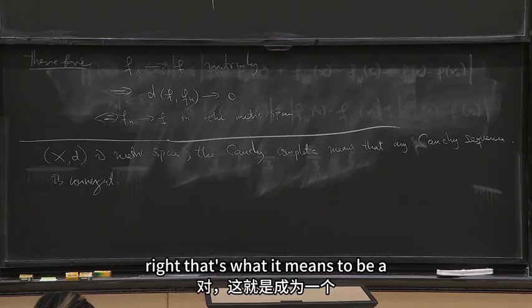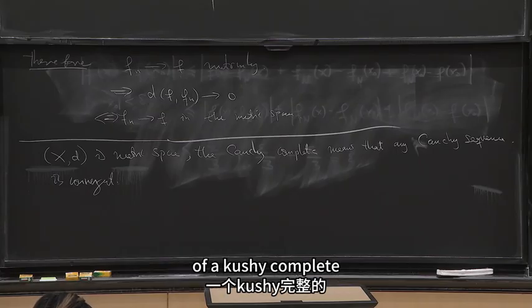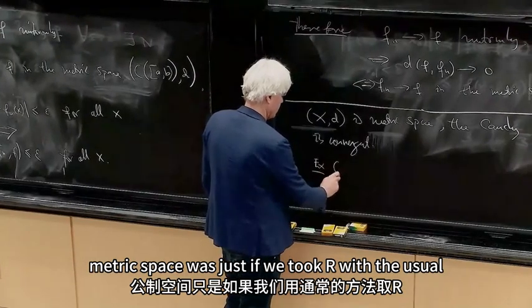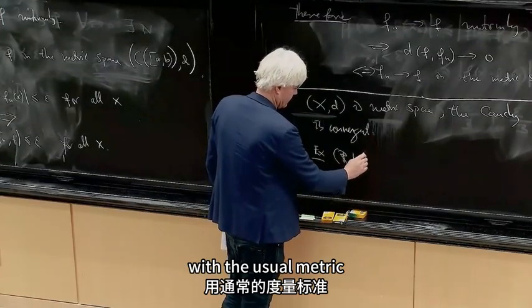Right, that's what it means to be Cauchy complete. And of course, an example of a Cauchy complete metric space was R with the usual metric.